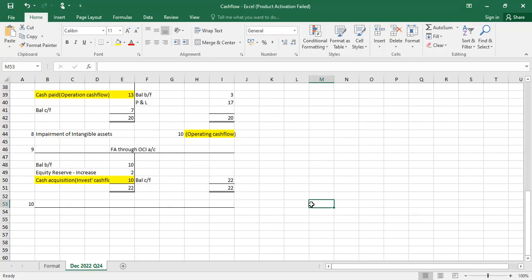Otherwise, any change in financial assets considered non-current, you treat such changes as reserves. And that is why we've had this reserve of 2 for the financial assets through OCI, which were non-current. So whenever you see a change in financial assets in the P&L, that must be a change on the current financial assets. So is that clear?